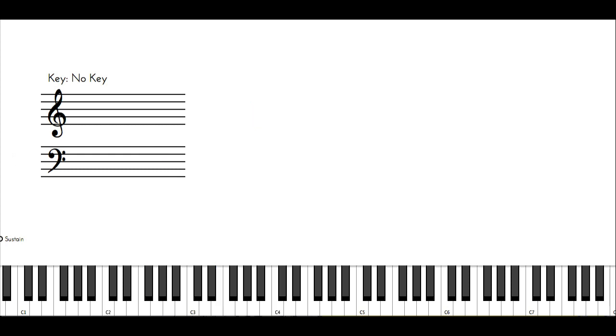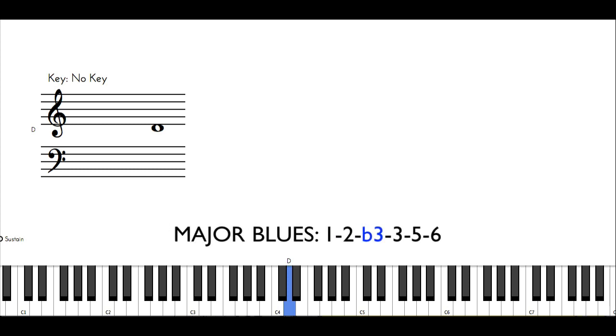So that one note there makes a big difference. So when you're playing the major blues scale, what you're doing is you're playing 1, 2, flat 3, and then natural 3, 5, 6, back to the 1.